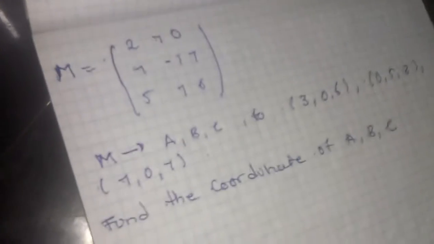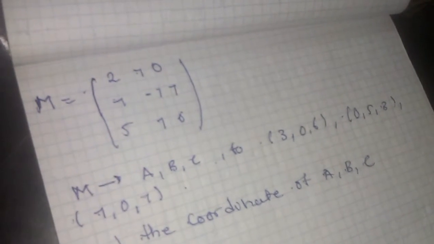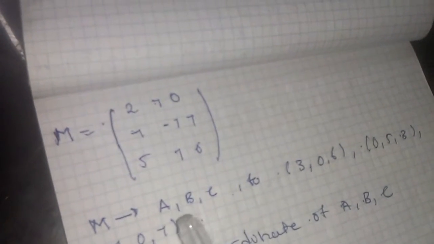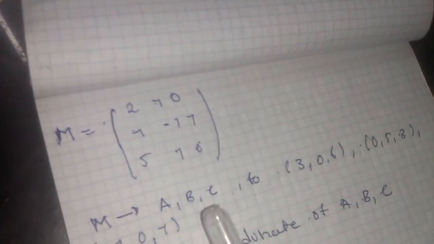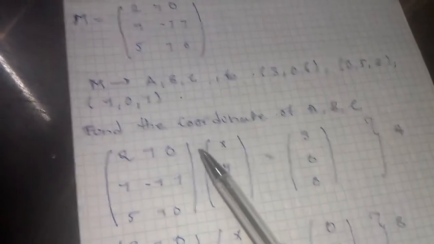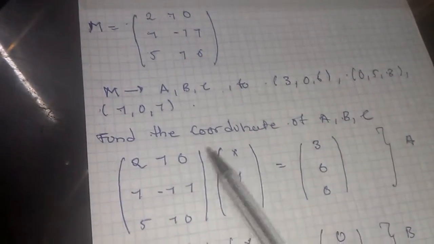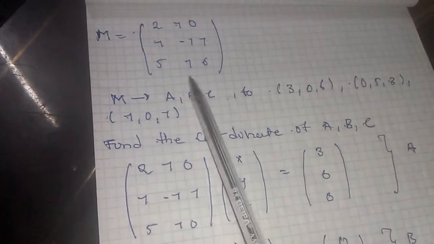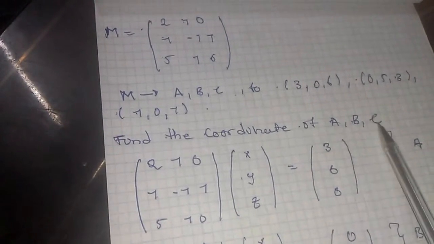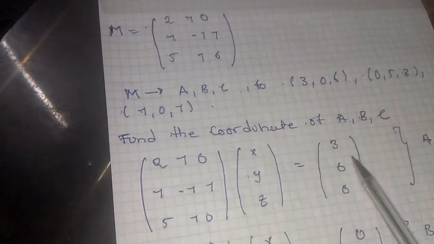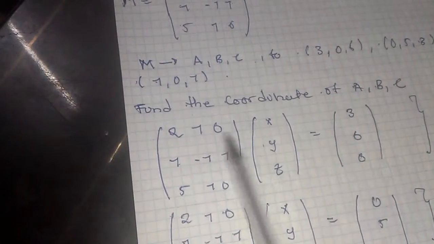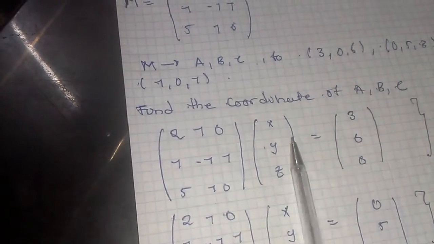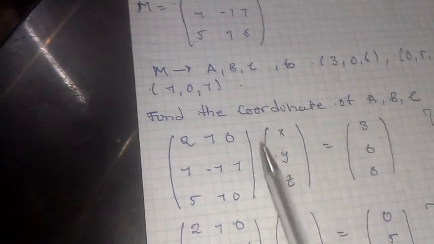To find the coordinates of A, B, and C, the simplest way is this: the transformation represented by the matrix M maps the points A, B, C to these points.